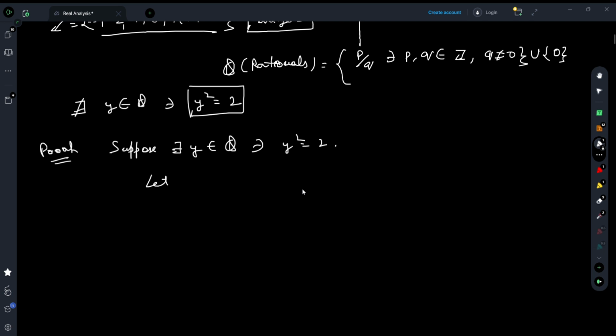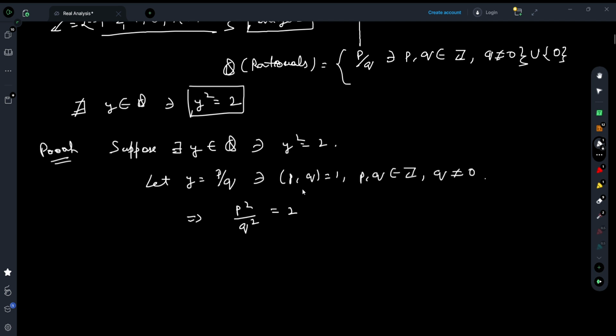Now let y be of the form p over q such that GCD of p and q is 1, both are obviously integers, and q is non-zero. Now if so, then that implies that p square over q square is 2 as well, which implies p square is equal to 2 times q square.